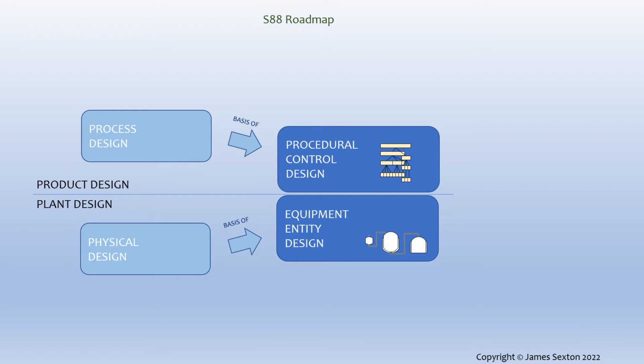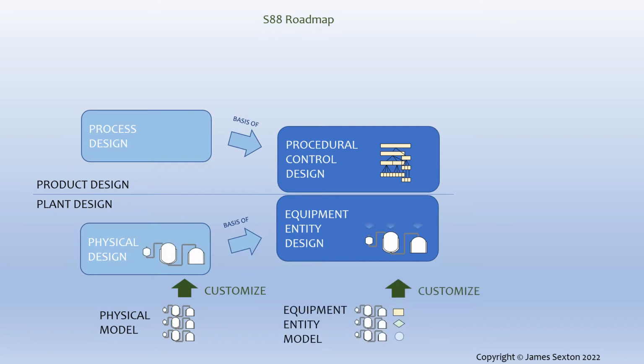Here's a roadmap of the topics to be covered to understand S88. The control requirements for a batch plant are fully specified on completion of the equipment entity design. For a specific product, completion of the procedural control design will fully define the production cycle. To arrive there, we start with the generalized structures called models in S88 and customize them for each particular plant and product.